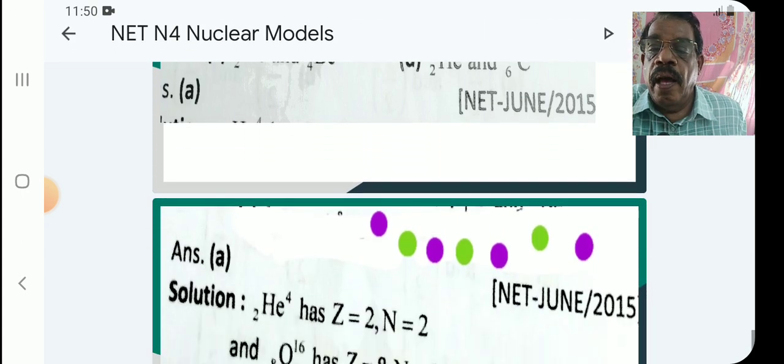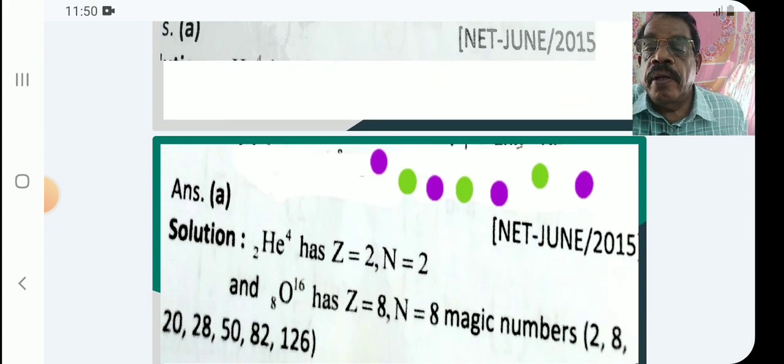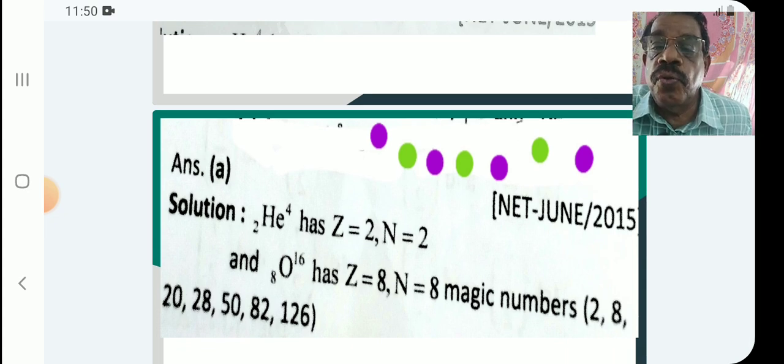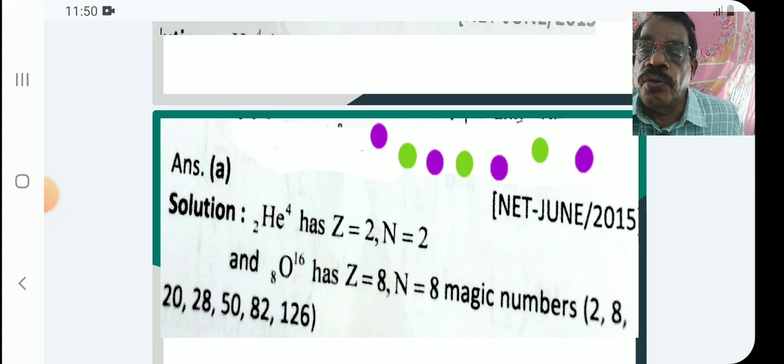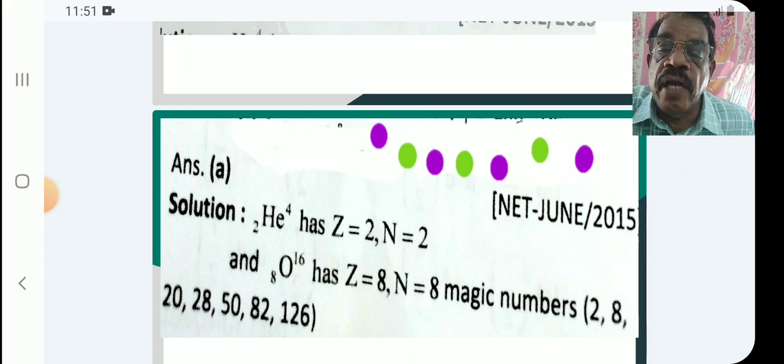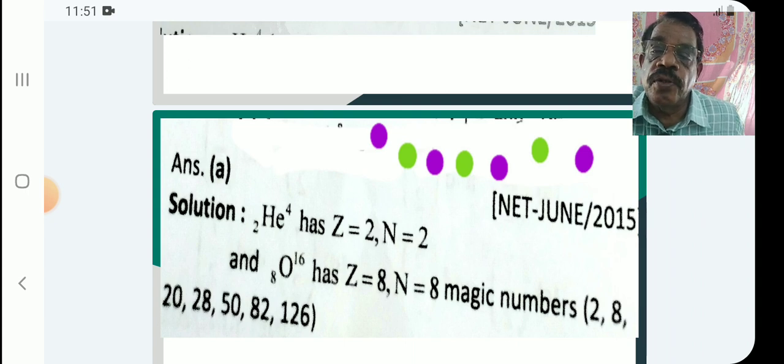Answer A. For helium, Z is 2, N is 2, A minus Z, 2. For oxygen, Z is 8, N is 8. So magic number is, you look here, the first number is 2, the second number is 8. And the magic numbers 2, 8, 20, 28, 50, 82, etc. You have studied. That is the number of neutrons and protons in the nucleus which have maximum stability.